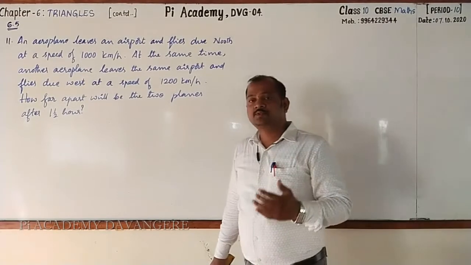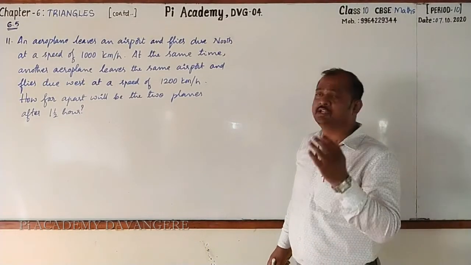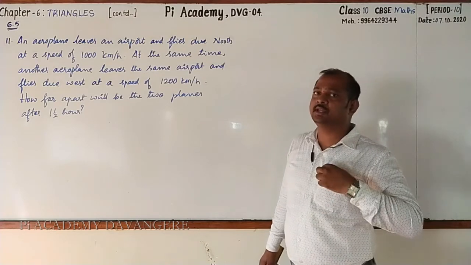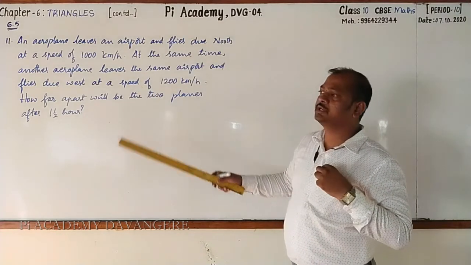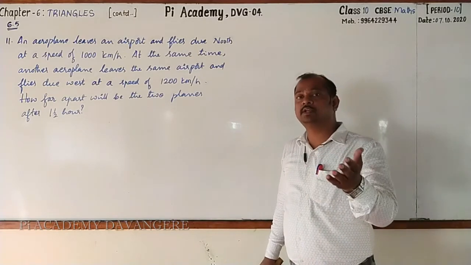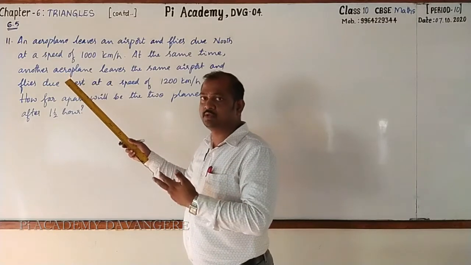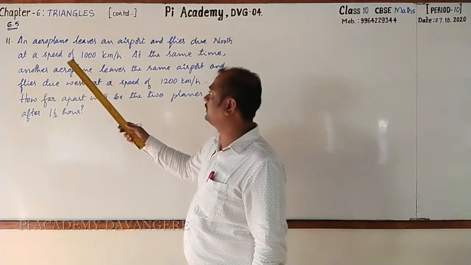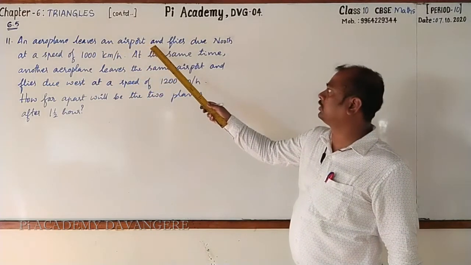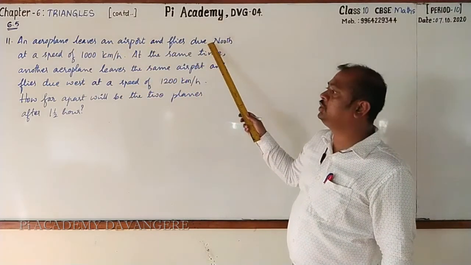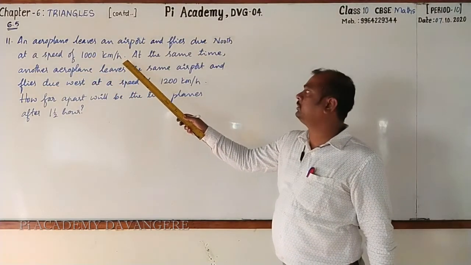Yes, dear students, we have another interesting statement, and it is also very important from the examination point of view. The reason is that this statement is related to speed, so two concepts are included. Please go through the given statement. An aeroplane leaves an airport and flies due north at a speed of 1000 km per hour.